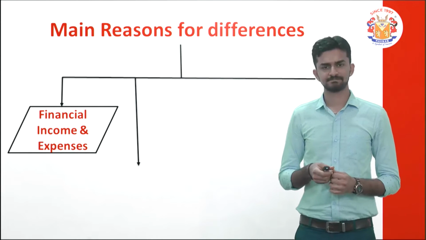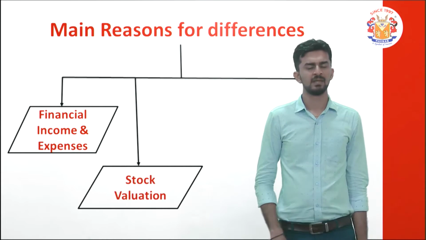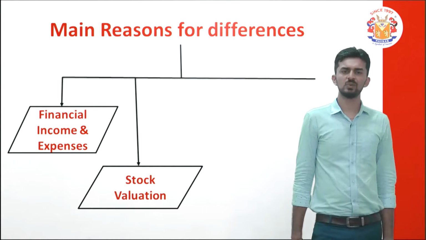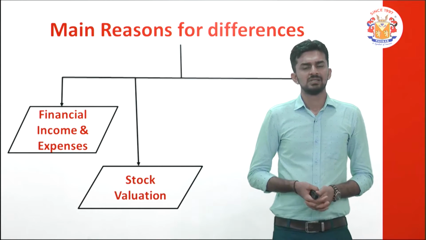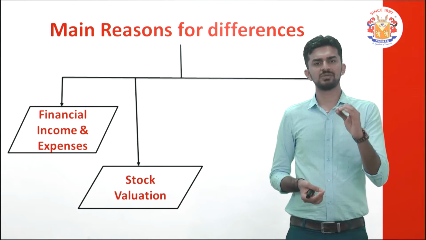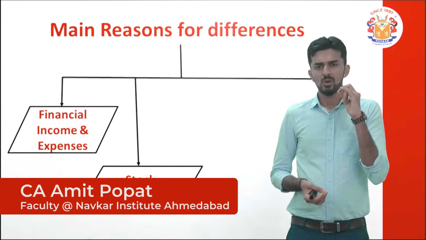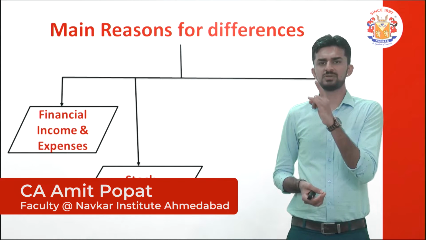Second reason. We understand second reason as stock valuations. What is stock valuation? Why is there a difference in stock valuation? We learned in cost sheet that in cost accounting, stocks are always valued at cost or NRV, whichever is less.